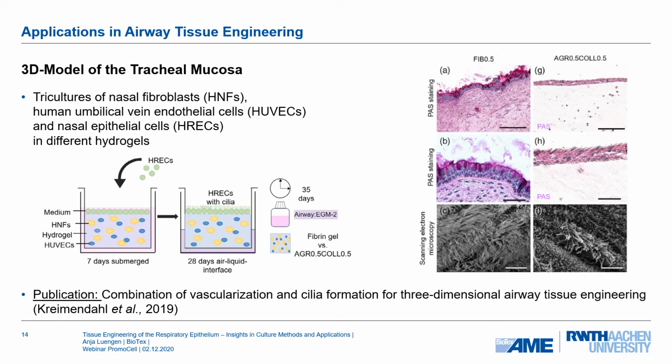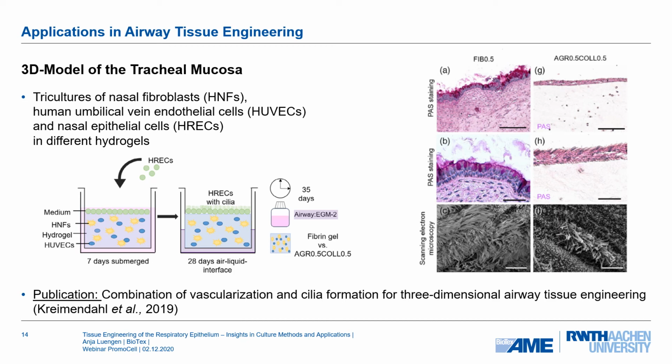Fibroblasts and HUVECs have been embedded in different hydrogels, and epithelial cells have been seeded on top of the hydrogels after polymerization. These tissue cultures have been cultured in ALI for 28 days with EMM as differentiation medium.